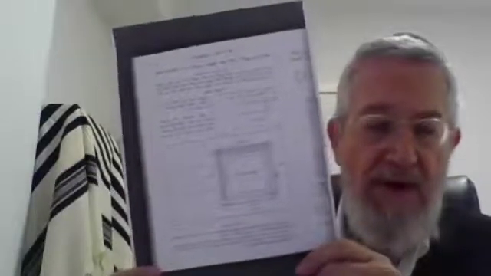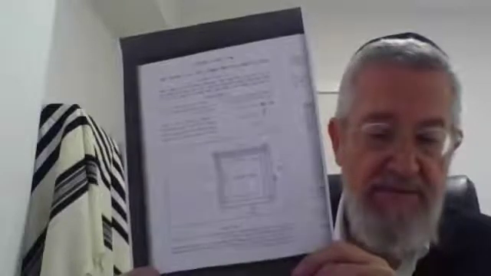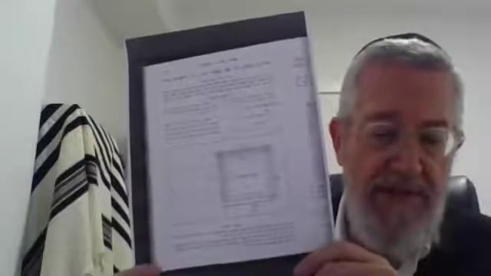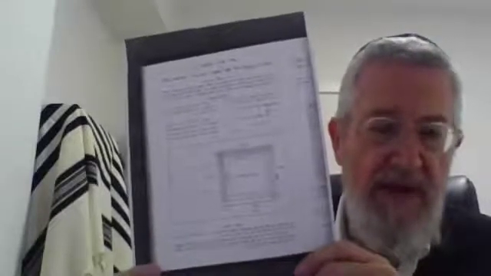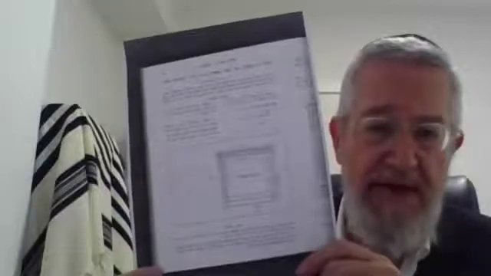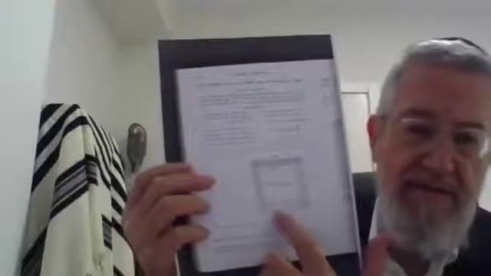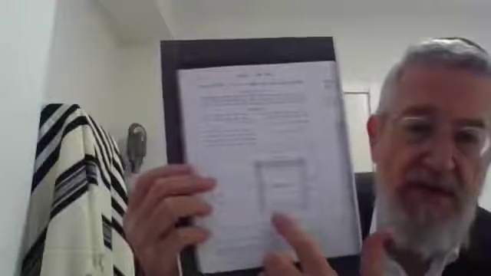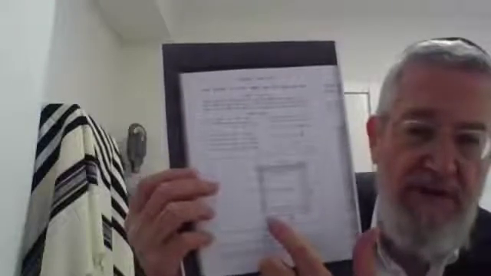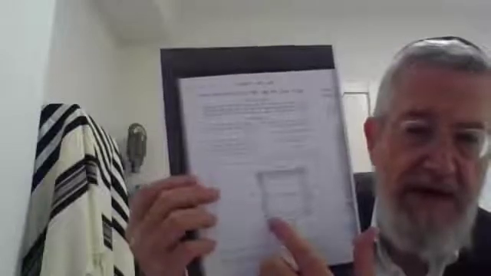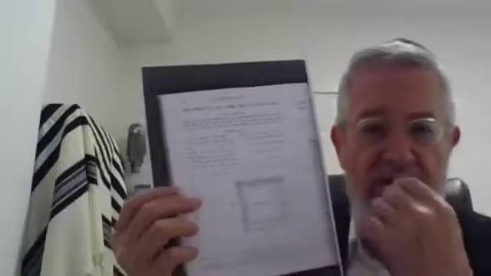They added 4 amos on the southern side of the Mizbeach, and they added 4 amos on the western side of the Mizbeach. Now you can see in the picture, they're showing you the original 28 and an additional 4 on the southern side of the Mizbeach and an additional 4 on the western side of the Mizbeach.